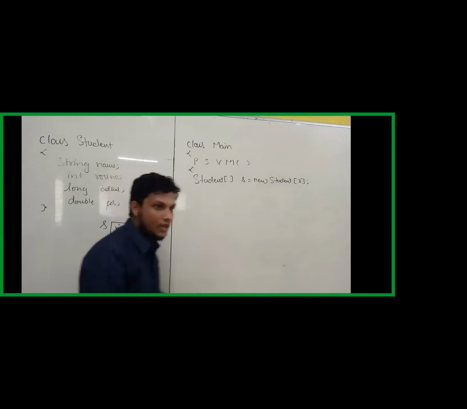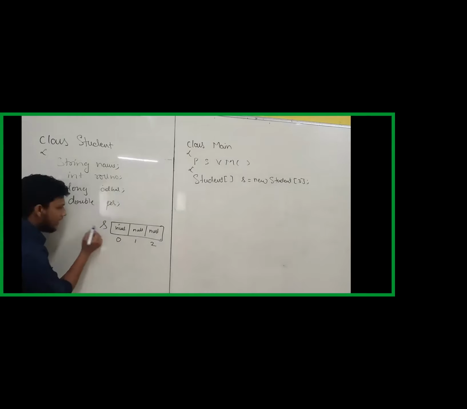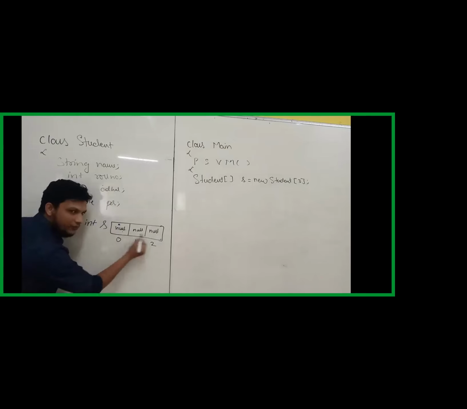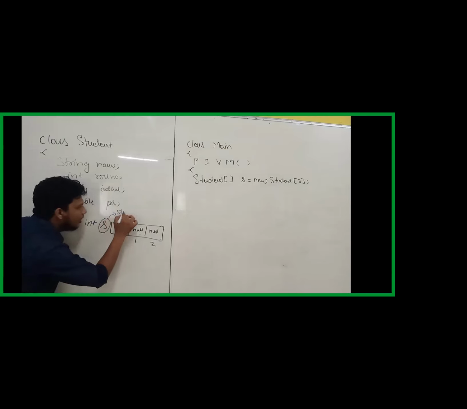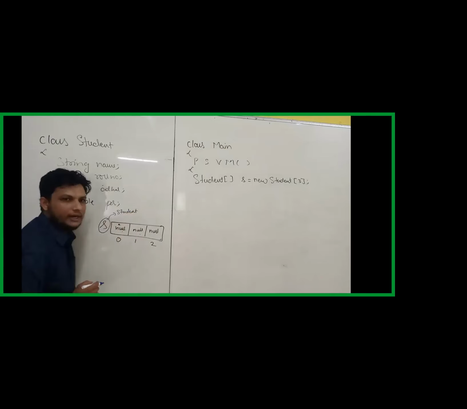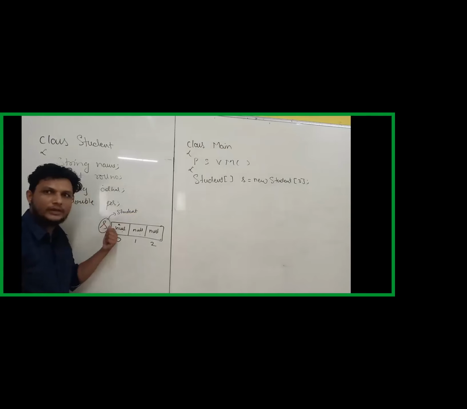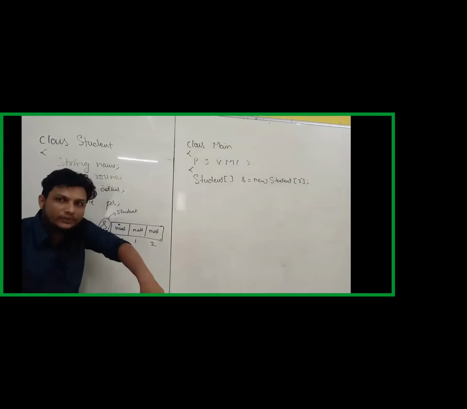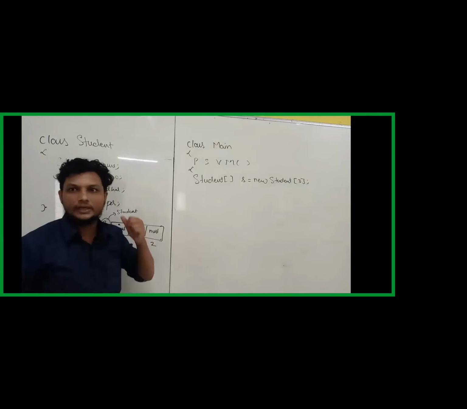Remember, this is what you need to understand most here. If you create an array of type integer, you can store integer values. If you create a string type array, you can store strings. Now you created s belonging to Student type of data. Inside that, if you give an integer, will it take it? No, it will give you an error, saying that integer means integer, student means you should store Student type of data. You cannot store integer data over there.